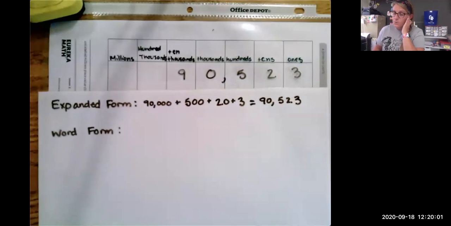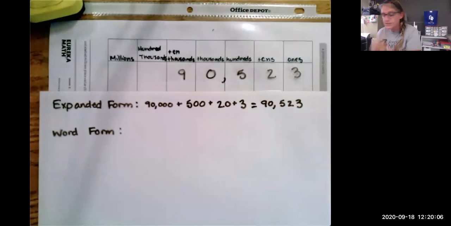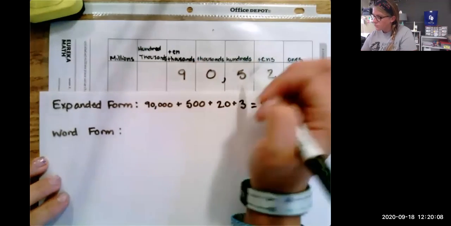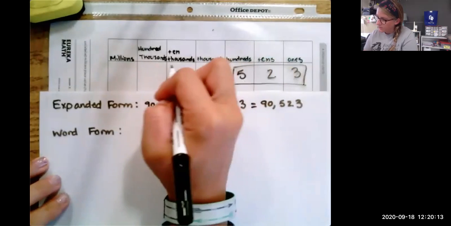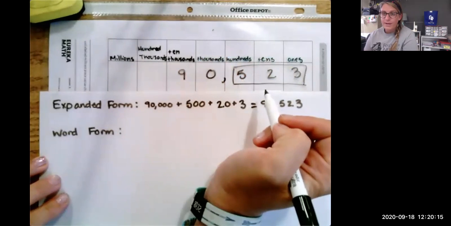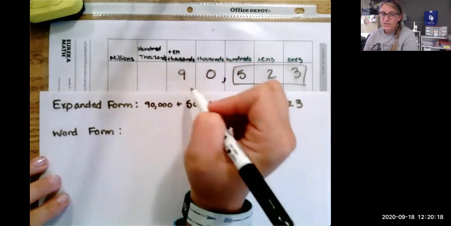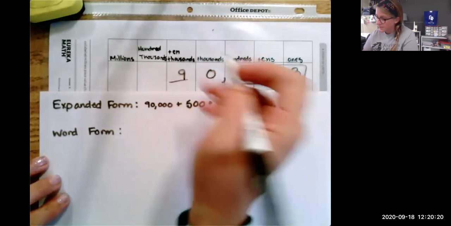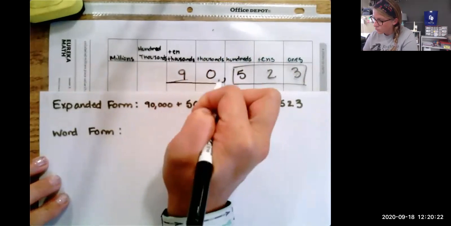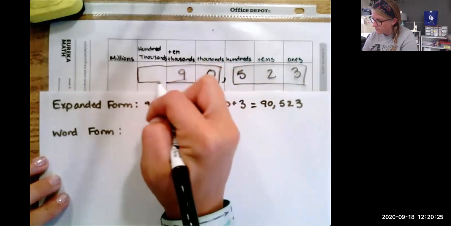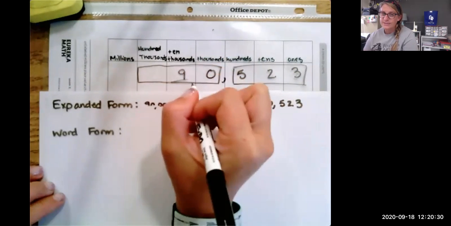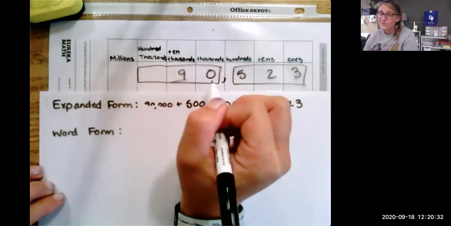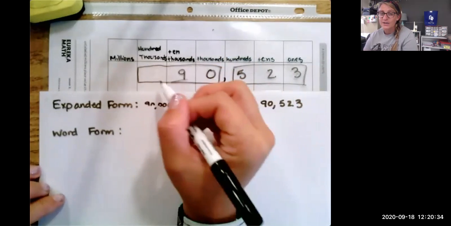When we're talking about word form, remember we can use our place value houses in order to help us. By drawing a box around our digits in groups of 3, we can recognize what pieces go in which house. This house doesn't have 3 pieces, but we can still draw a box around the 3 places, so that we can recognize that this is not a 3-digit number, but we can still read it as a normal number.